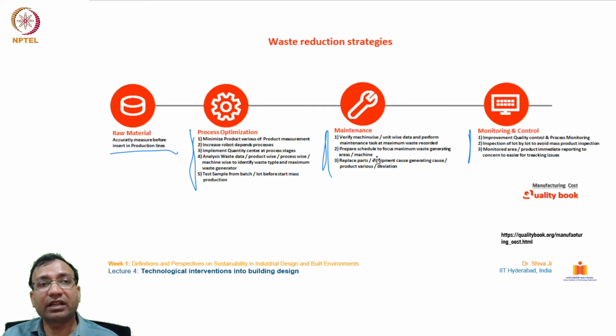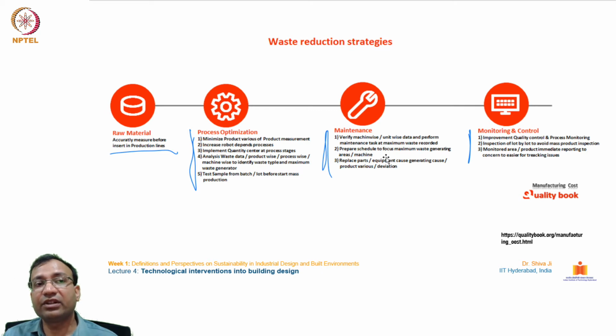On the maintenance side, verify machine-wise, unit-wise data and perform maintenance tasks at maximum waste recorded. So if we have this data, like how much was the maximum waste generated at any given machine at what capacity, then we can go back and re-engineer this to minimize the waste, so that there is very little output on the waste part.